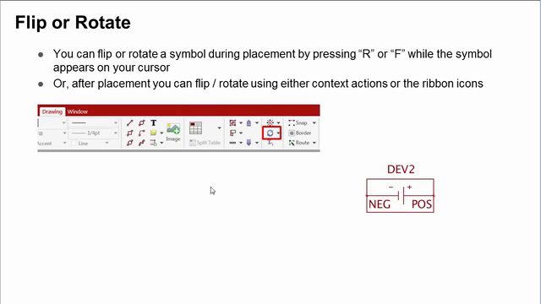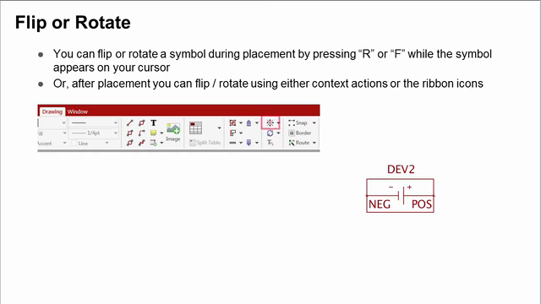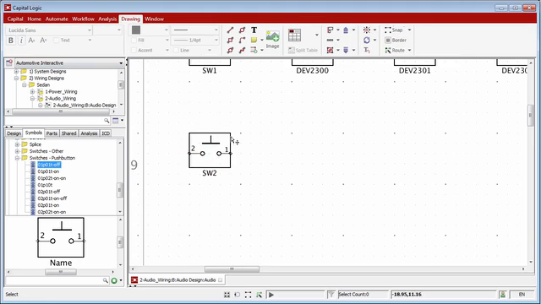So for example, here we want to rotate this device. We select it, select a point to rotate about, and the object is rotated. If you want to flip it, select the icon from the ribbon, select a horizontal or vertical axis, and the object is flipped.